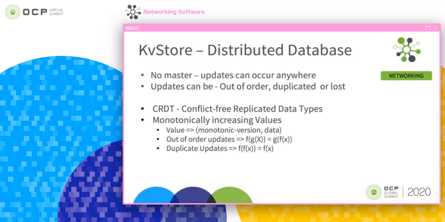This solves two of the problems we described. If the update occurs out of order, we just retain the higher version and the lower version is ignored. If an update occurs two times, it has no effect because we just retain the higher version.